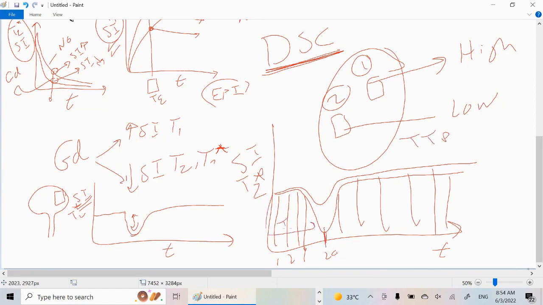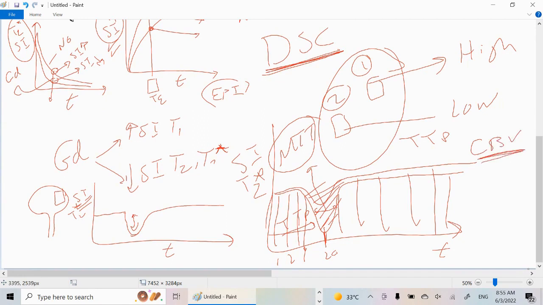This is the time to peak. The width essentially represents the mean transit time, which is the time the contrast agent remains within the tissue. Or you can integrate the loss of the entire signal and calculate something called cerebral blood volume.